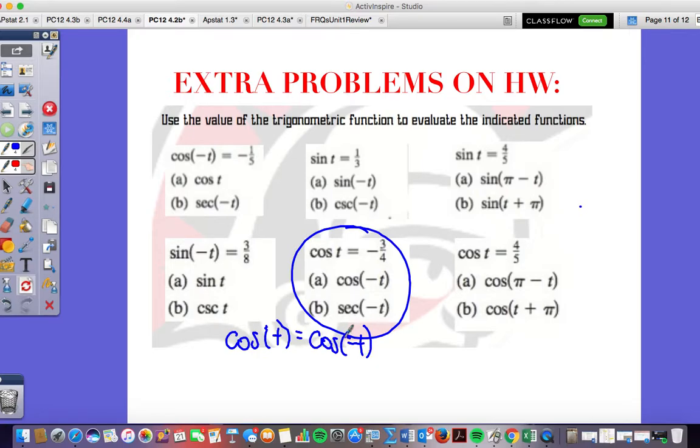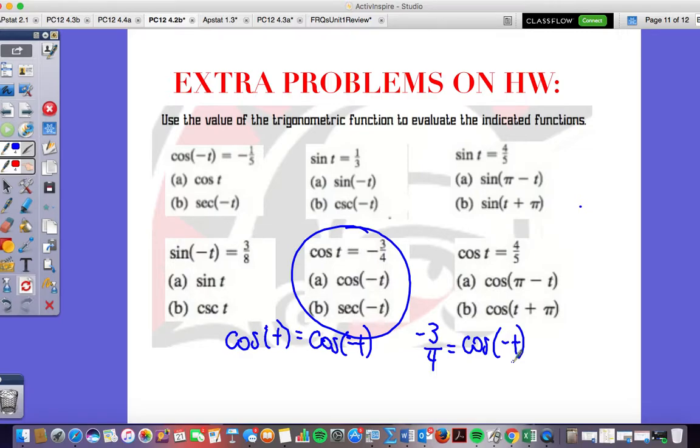So when I have a positive angle, the negative value of that would equal with cosine, right? Sine's a little different. Remember the negative? It's the same thing except there's a negative here, okay? So when I plug this in, cosine of t equals negative 3/4, we're going to plug that in and say negative 3/4 equals cosine of negative t, just like that, okay? So the answer to A is negative 3/4.